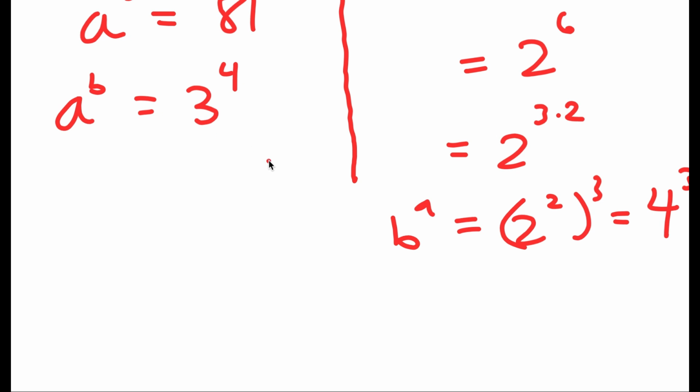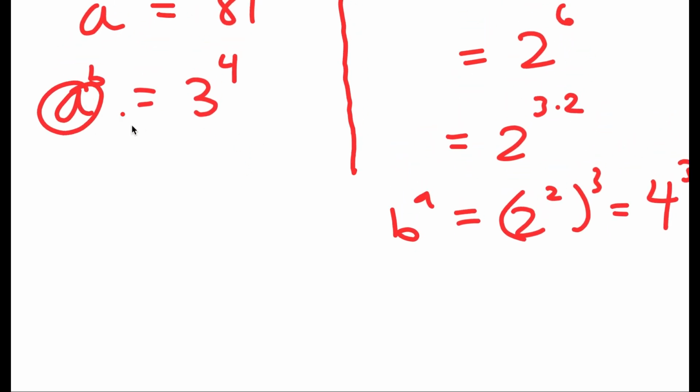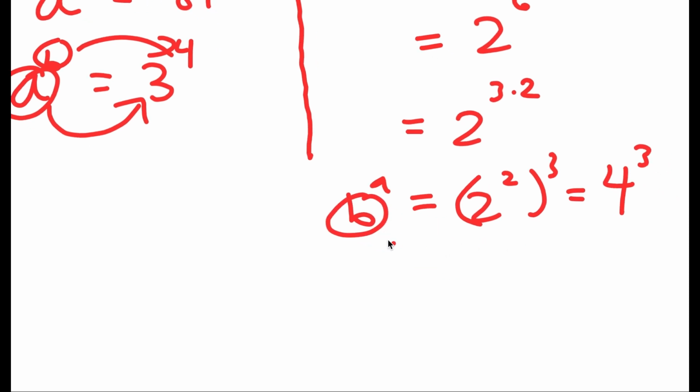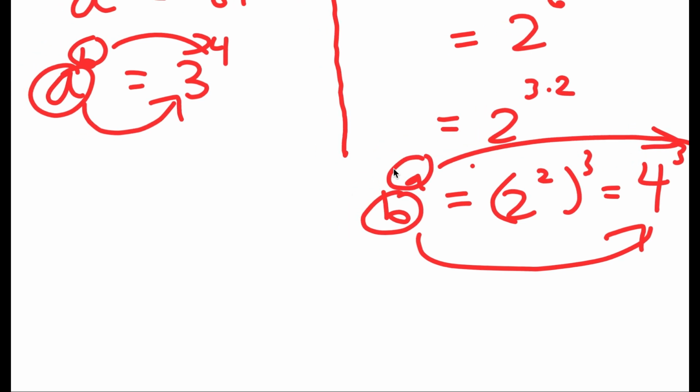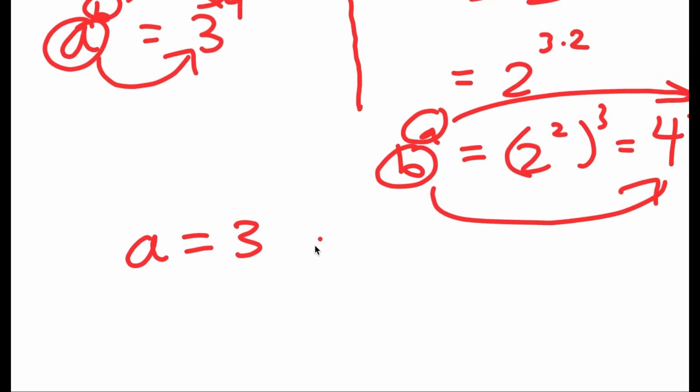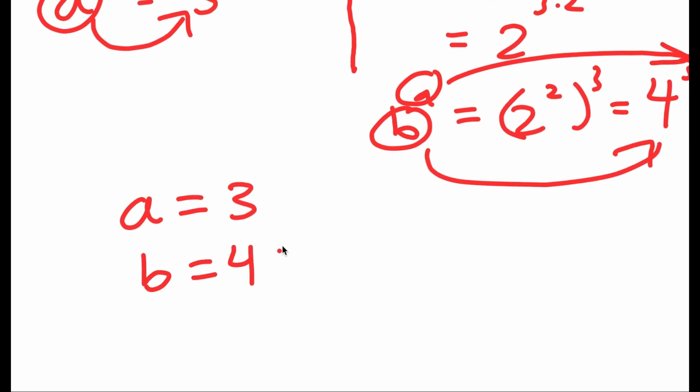Now, notice how a matches with 3 and b matches with 4 over here, and b matches with 4 and a matches with 3 over here, meaning a is equal to 3 and b is equal to 4.